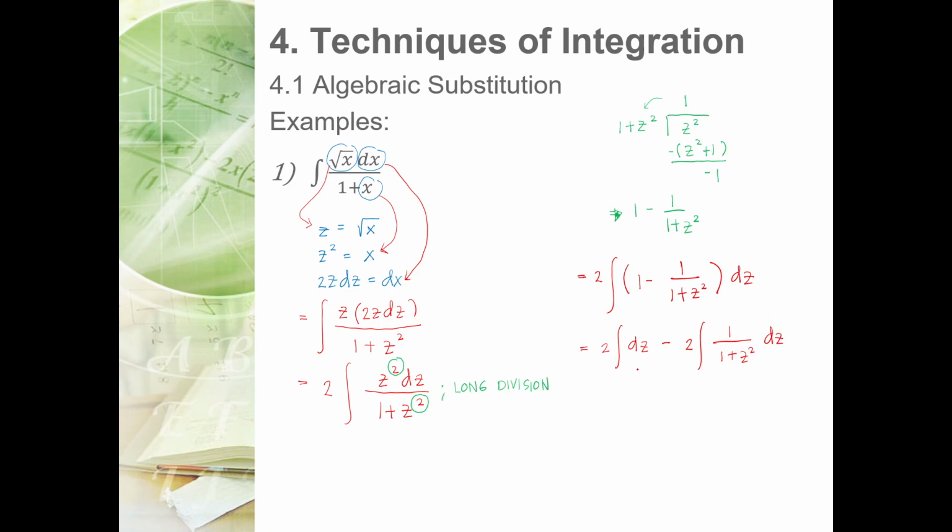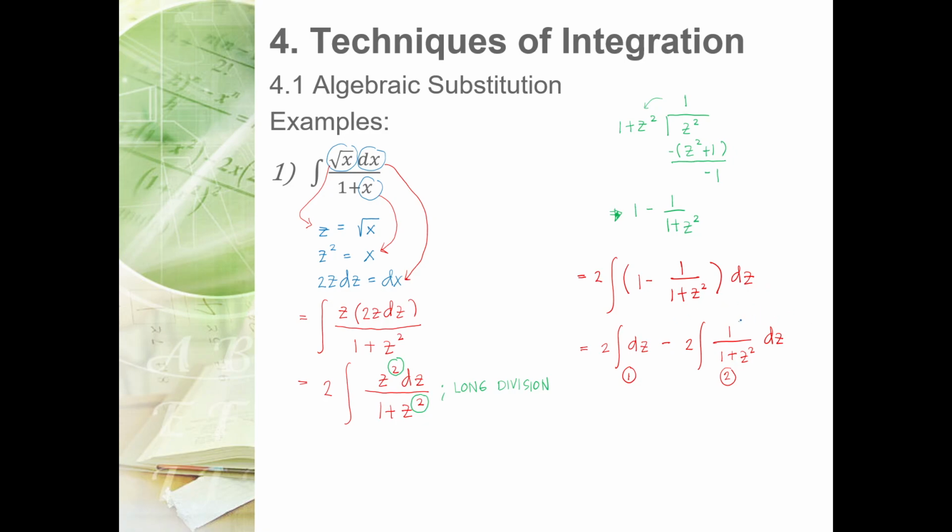For the first integral, it can easily be integrated, right? Which gives us z. How about the second integral? As you may notice, the second integral is actually a basic formula, which is an inverse trigonometric formula.